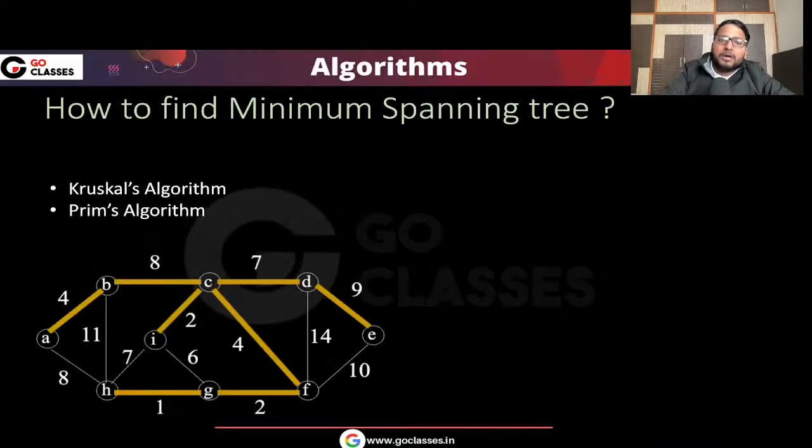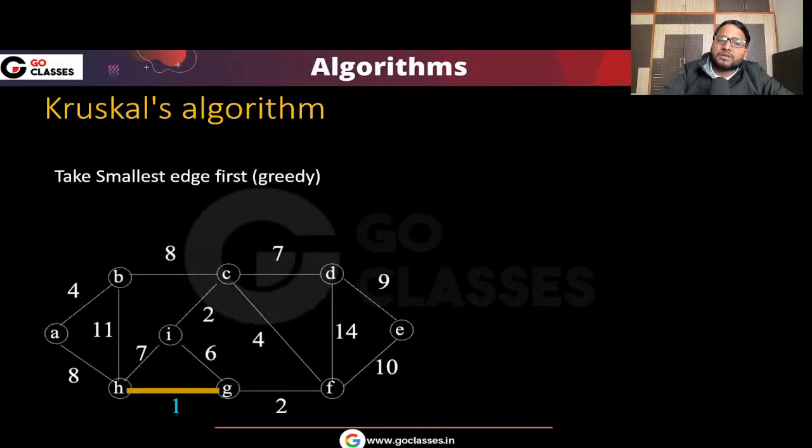Now let's see Kruskal's algorithm. As you might know, Kruskal's algorithm is a greedy algorithm which works like this. It will take the minimum, then the next minimum, and then the next minimum.